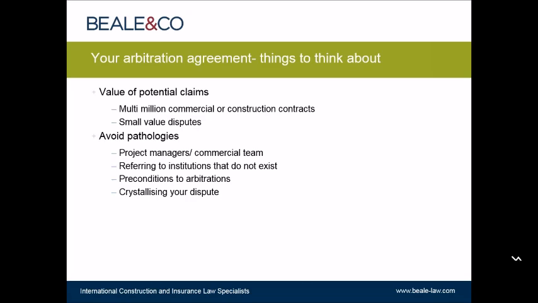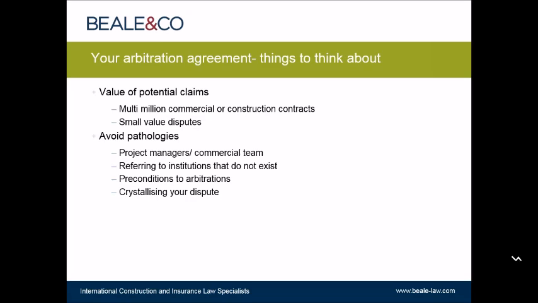The driving reason behind this is a perceived short-term cost saving to the company. I say short-term because often such drafting leads to the creation of a pathological arbitration agreement, that is, an unenforceable arbitration agreement that ultimately leads the parties to spend more time and cost in figuring out the next steps.